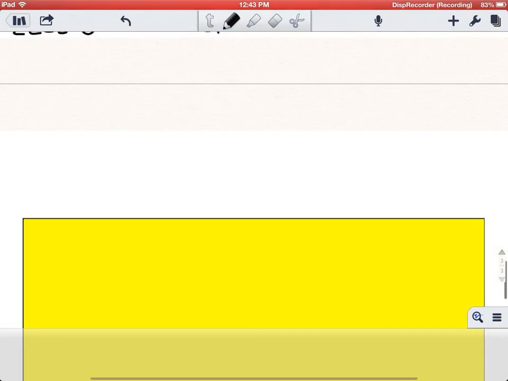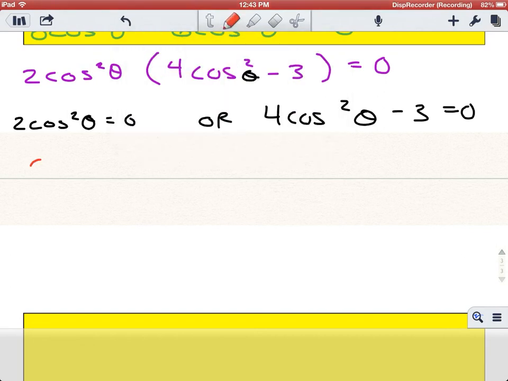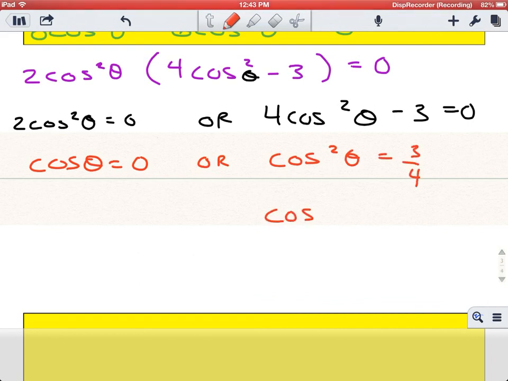Okay, and just keep working our way down here. So this is just going to stay 0. If I divide by 2 and take the square root, then nothing's really going to change there. Over here, however, I've got 3/4, and then when I take the square root of both sides, I'm going to get plus or minus the square root of 3 over 2, a familiar unit circle value.